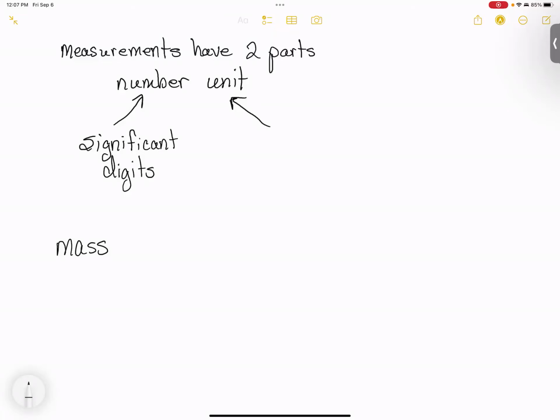So mass is a unit of quantity. It's a unit of the amount. I'm trying to not use the term weight, but basically it is a weight that does not have gravity involved.